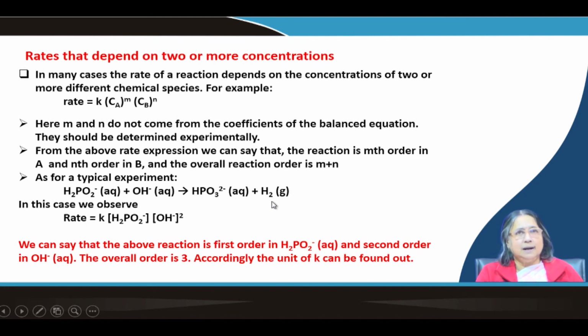Experimentally it has been observed that the rate expression is H2PO2 minus to the power 1 and OH minus to the power 2. But in the equation the OH minus coefficient is 1. So you cannot tell the order just by seeing the equation.